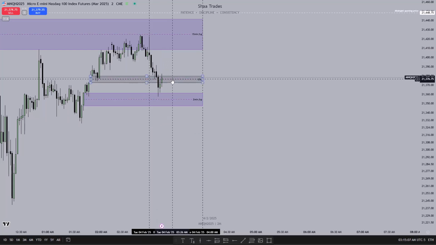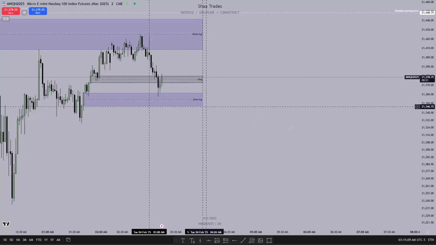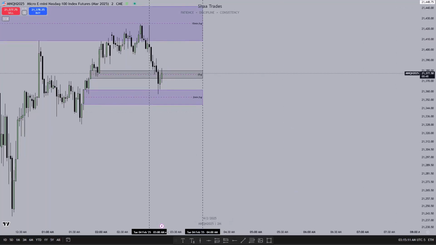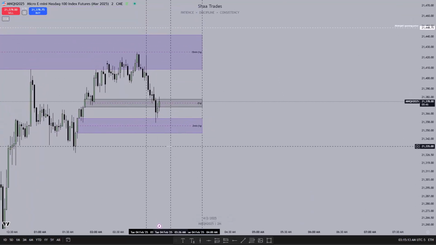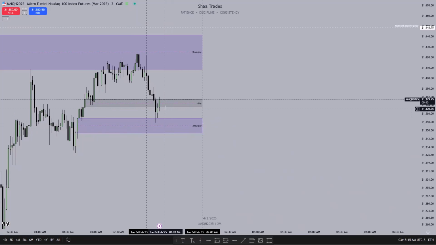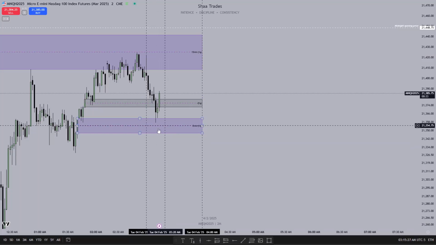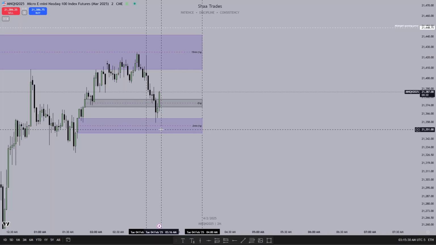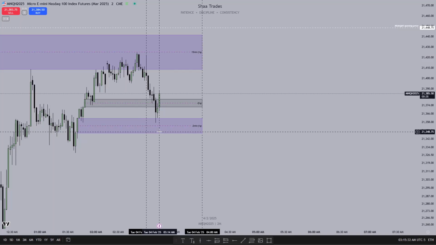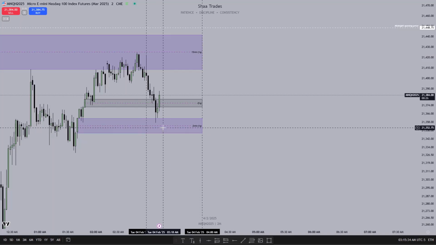So if you want to see, this stays inverted, and that's why I usually wait for the second fair value gap to be broken.